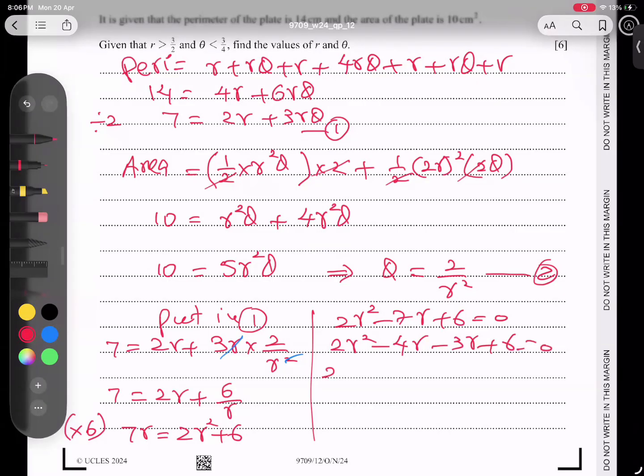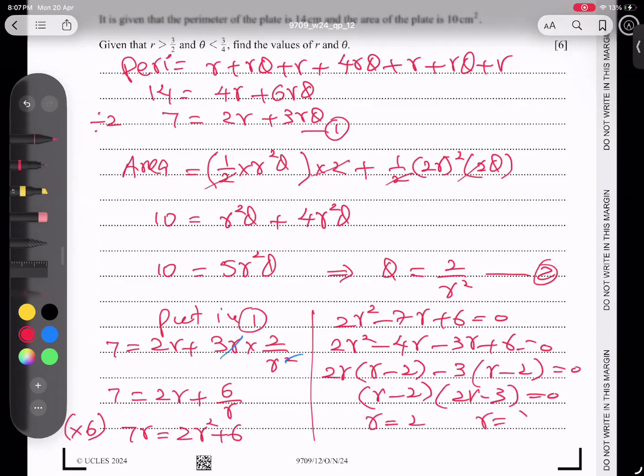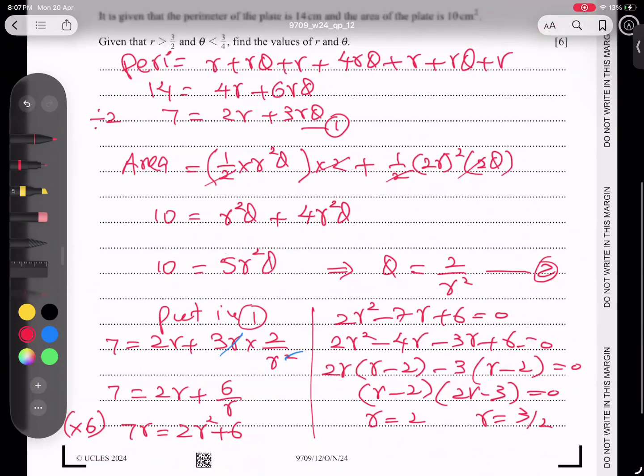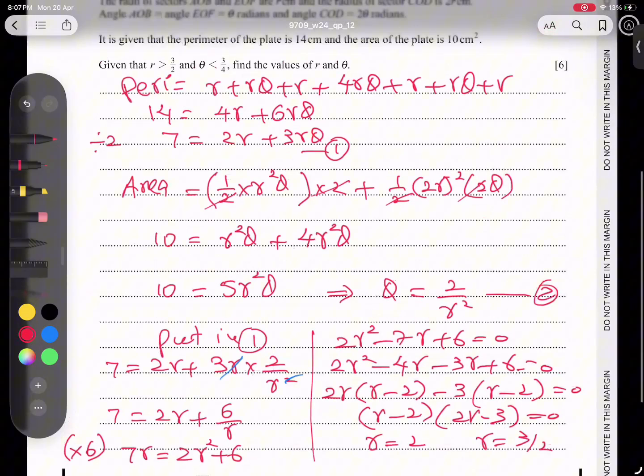A lot of algebra, and a lot of control and patience is required here. I get r minus 2 and 2r minus 3, and I'm getting two answers: r is 2 and r is 3 over 2. But we have to look carefully. It was said that r is more than 3 by 2, that is, r is more than 1.5. So this one I will not take; I will take only 2. And theta is less than 3 by 4, he said.